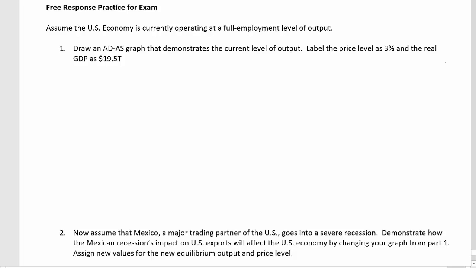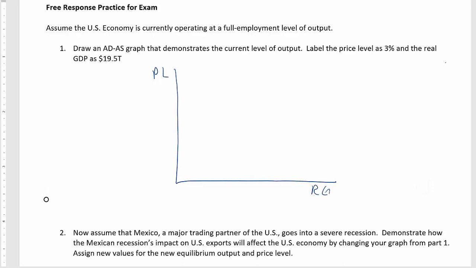So it says to draw an ADAS graph that demonstrates the current level of output, and then I'll label those quantities, the 3% and the GDP of 19.5 trillion. We label the y-axis as price level, and the x-axis real GDP, or you could put output or income, but I prefer real GDP because that covers everything.